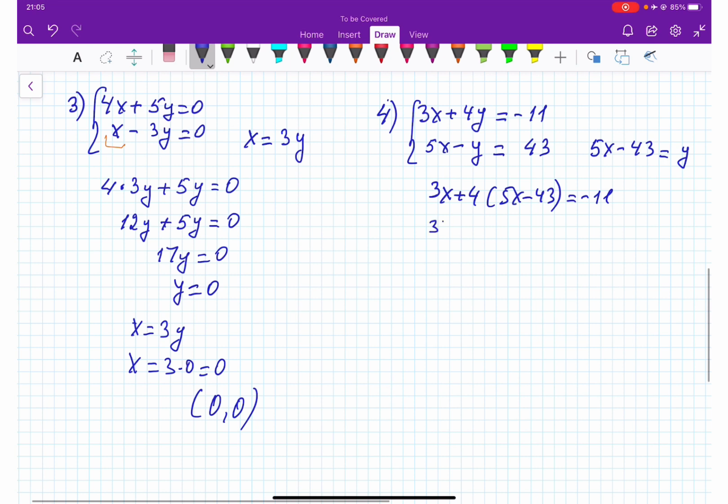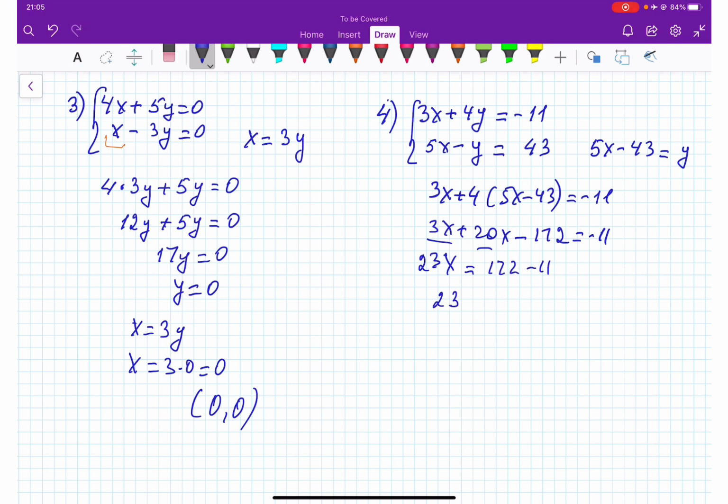So 3x plus 20, x minus 172 is equal to negative 11. From here, combining like terms right away, 3x and 20x gives 23x, is equal to 172 brought to this side, 172 minus 11. 2 minus 1 is 1, 7 minus 1 is 6, and here we get 161.